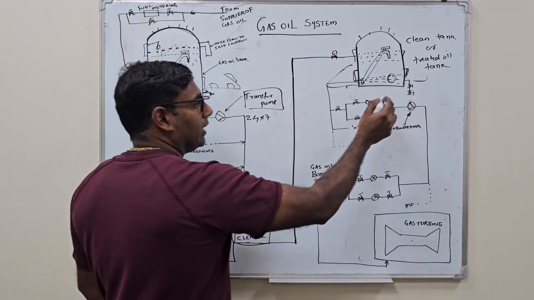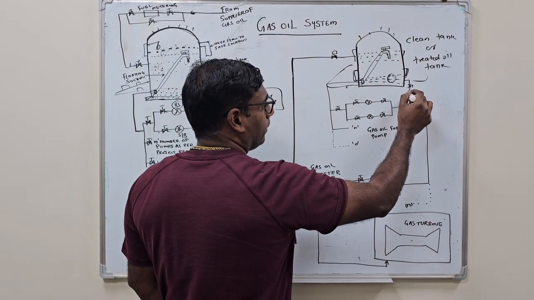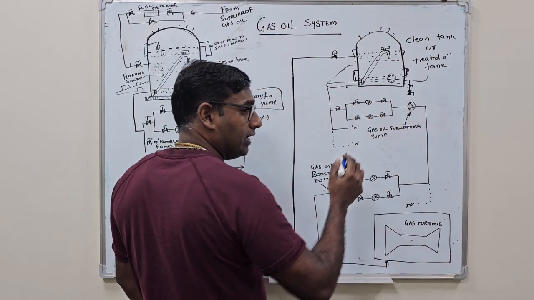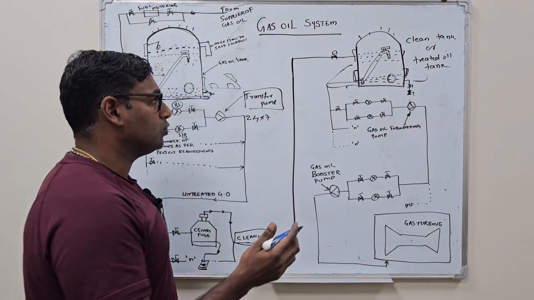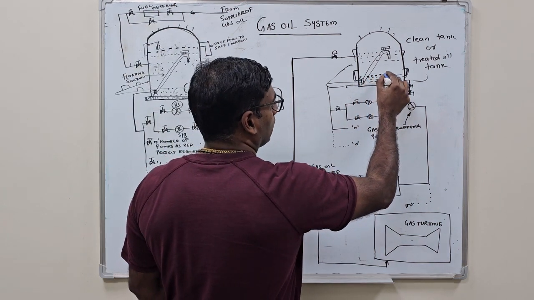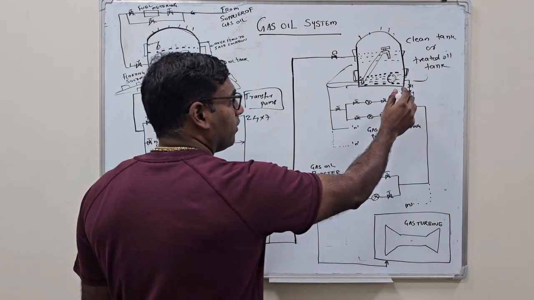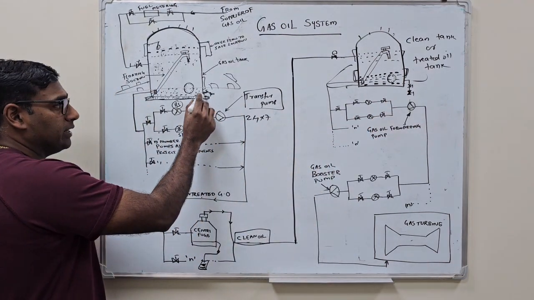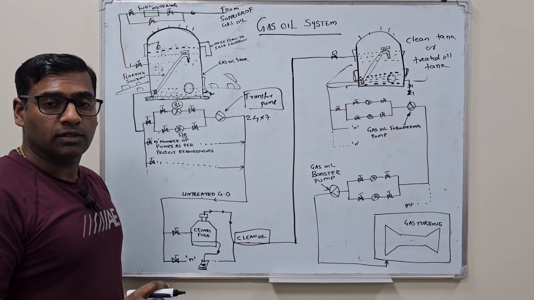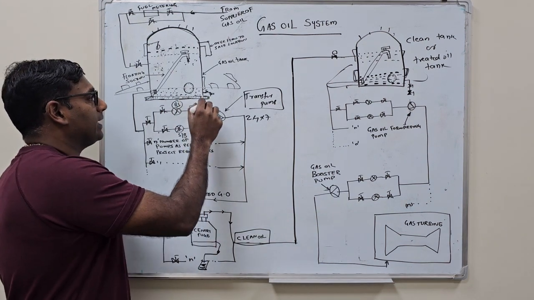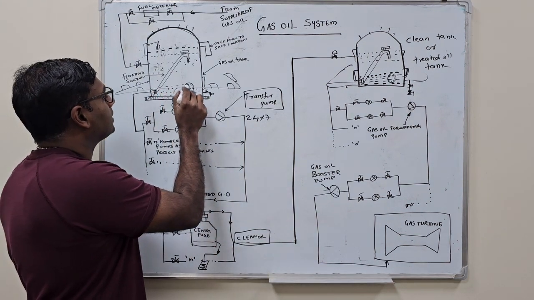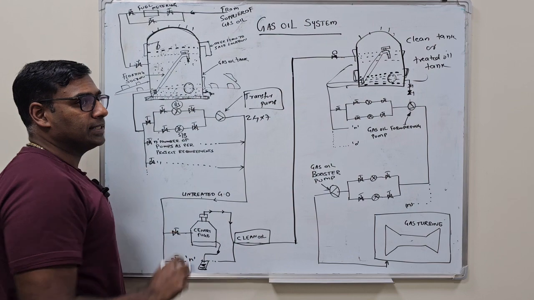So we have to manually drain this tank every other day or weekly to take out the accumulated water inside these tanks. That's the purpose of these drain valves. As you can see, I have also marked a drain valve here. These drain valves are provided to drain out the excess amount of water inside the tanks.